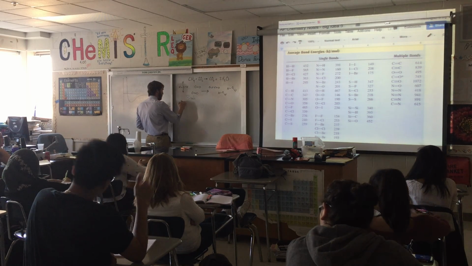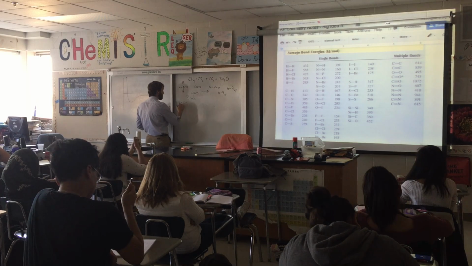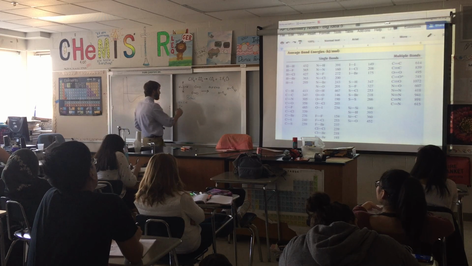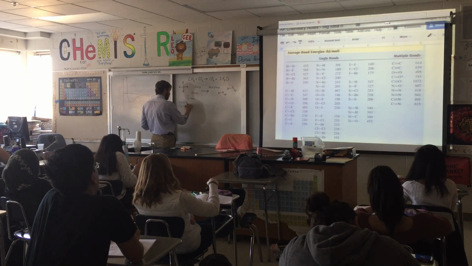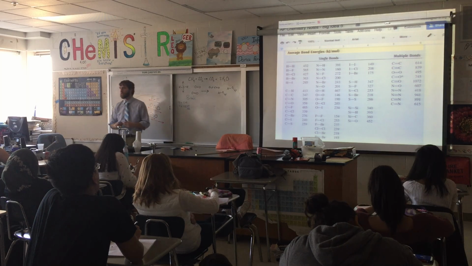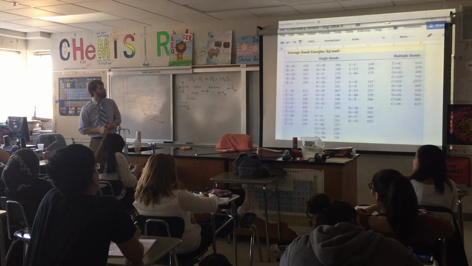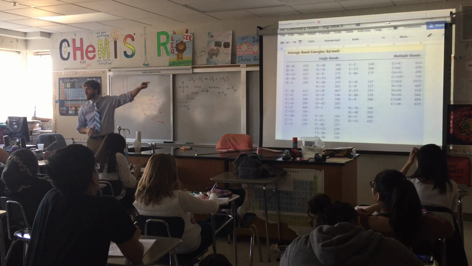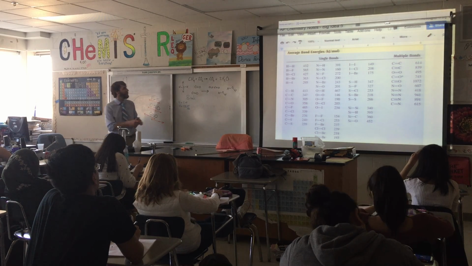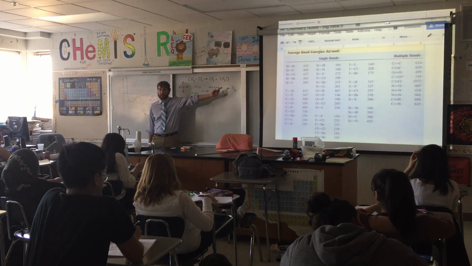Well, we've got 4 carbon-hydrogens. That's 4 times, where's carbon-hydrogen on the list? 413. 1652. Now these are in kilojoules per mole. So let's say average bond energy, kilojoules per mole. So we can think about doing a whole mole of this reaction.